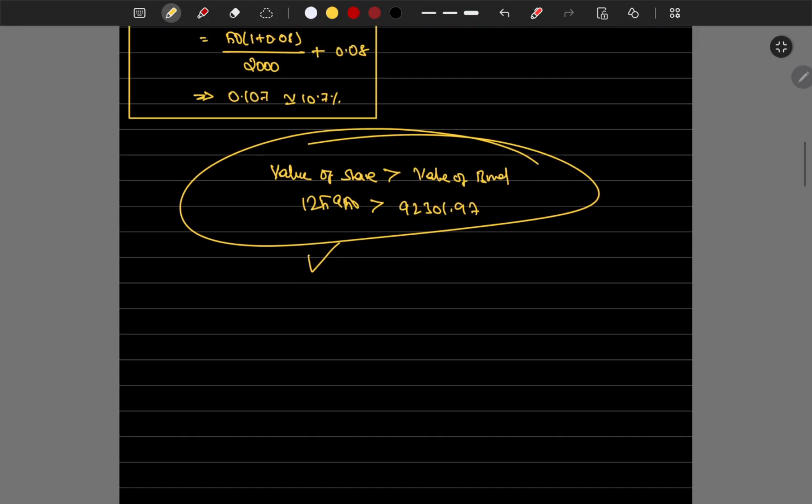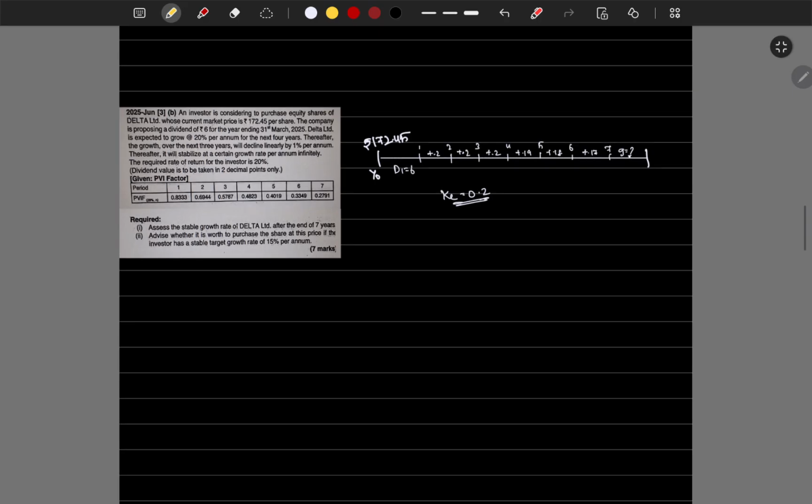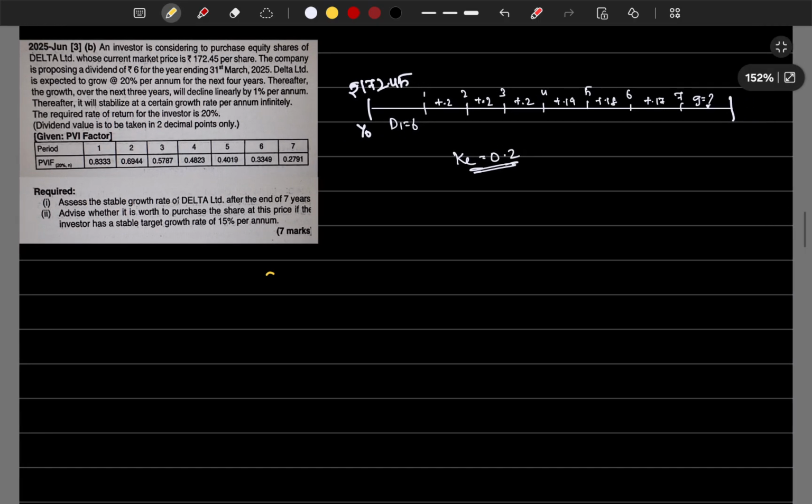Let's quickly solve the equity problem, the next one. The investor is considering purchasing equity shares of Delta Limited. Delta Limited's market price is 132.